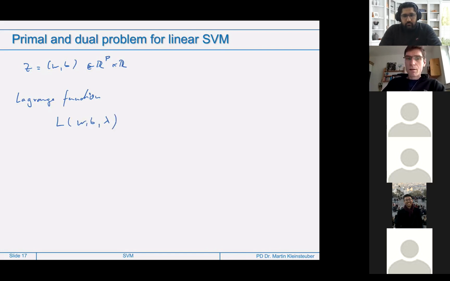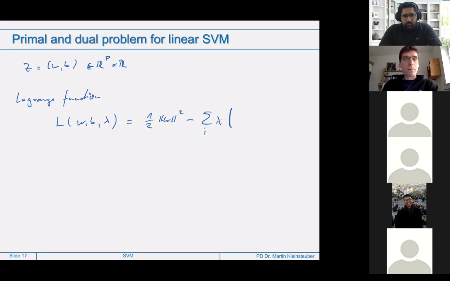And we have just to plug that in, right? The cost function was 1/2 norm of W squared. Okay, and then we have our constraints here that were just inequality constraints, but this is the sum of I, and then we have the lambda I.